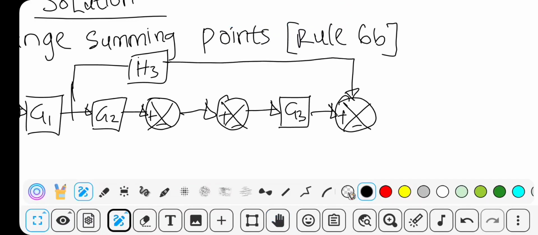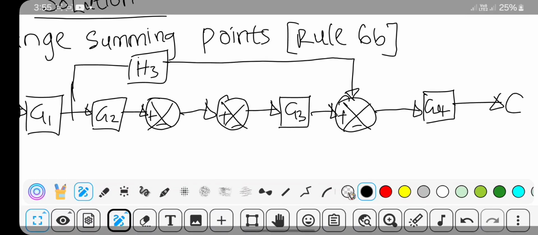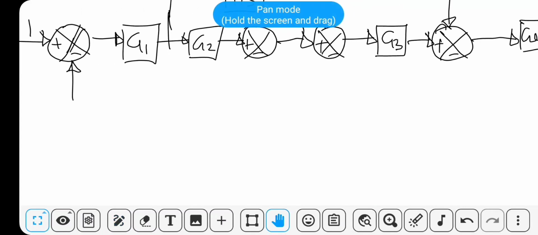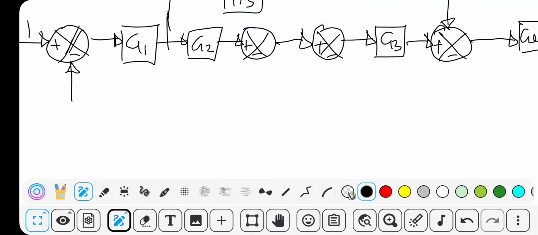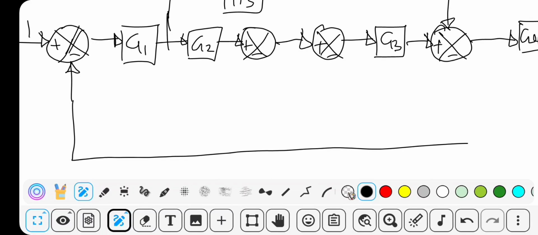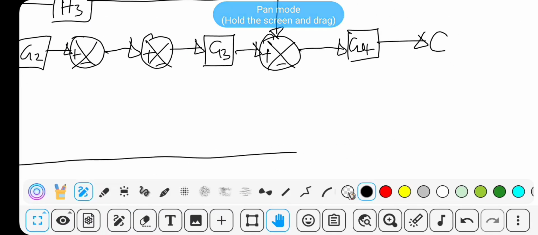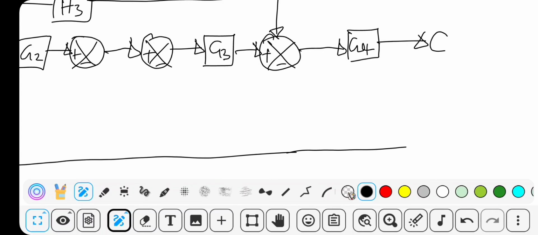plus minus, this is your feed forward G4, then your output from this point down to your output.